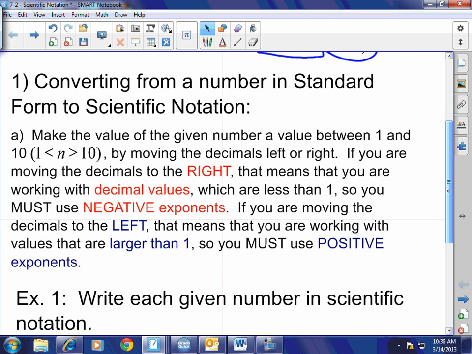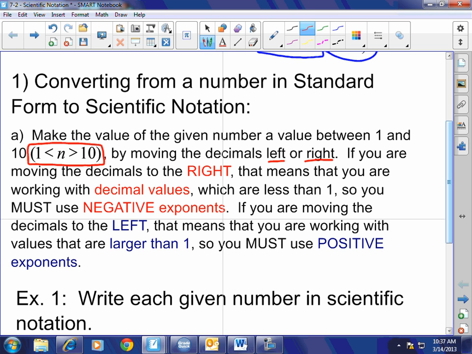So, how does it work? Converting from standard form to scientific notation. First thing you want to do is make the value of the given number a value between 1 and 10. It's not equal to 10, and it's not equal to 1. You want to make that value a value between 1 and 10. How do you do that? By moving the decimals either to the left or to the right.